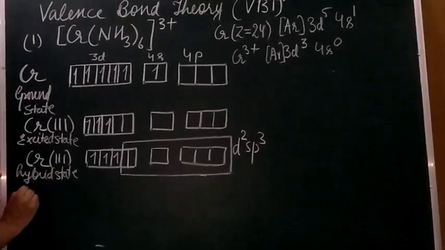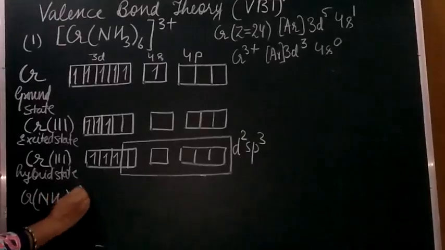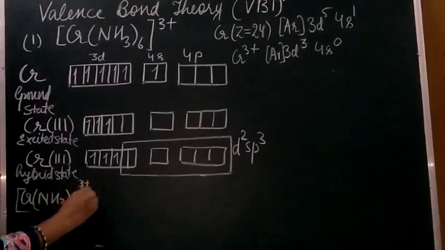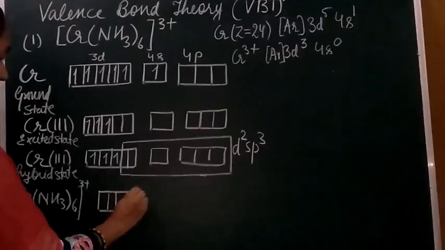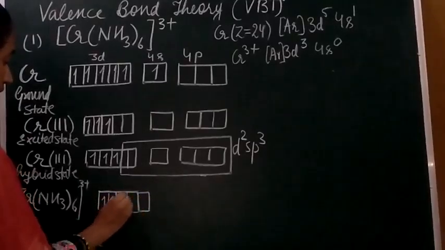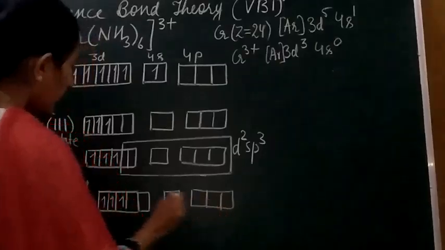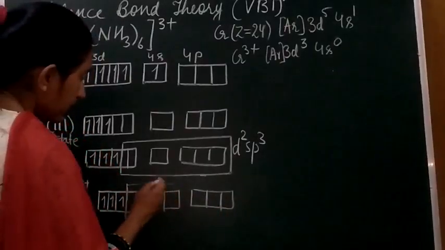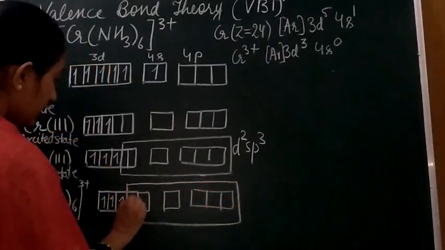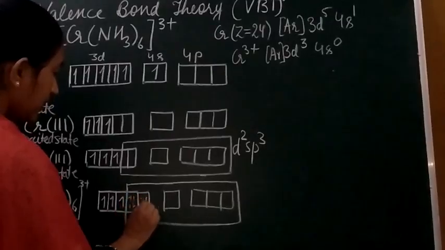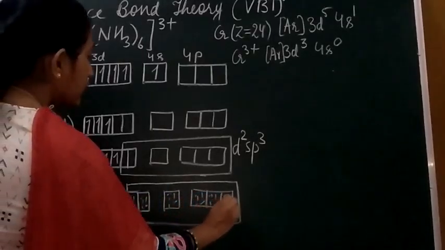And now the last step will be to show the complex form. Here we are just plotting it now. We show it in this way, and from each ligand we are getting two electrons, or one electron pair.